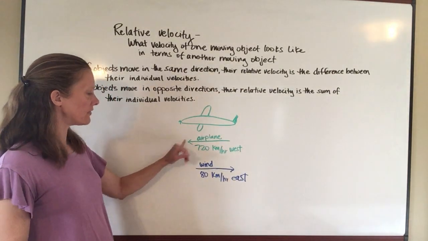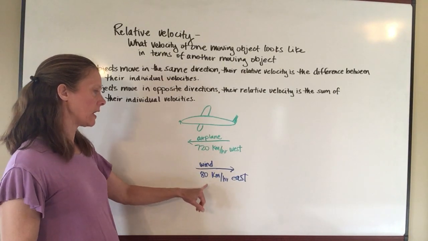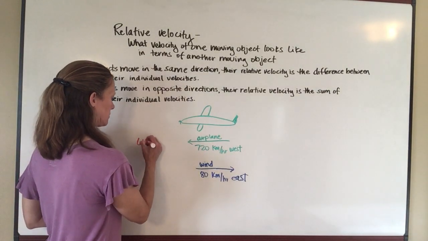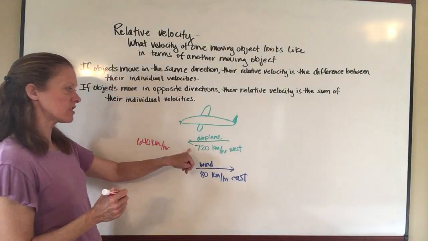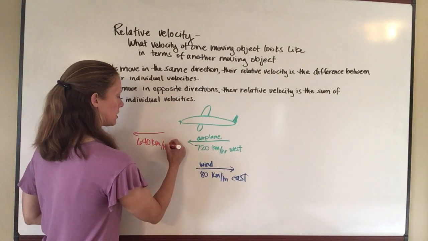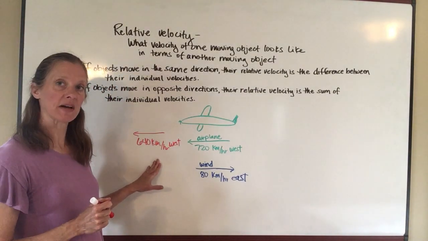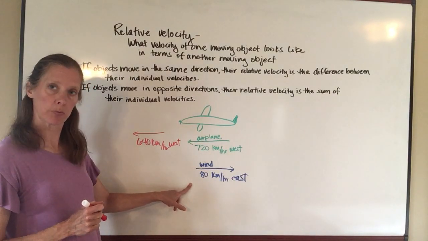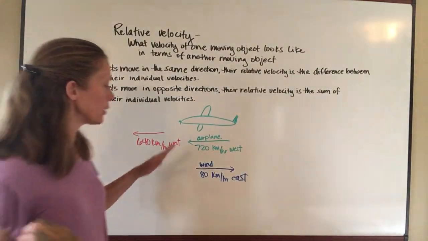And so in that case, since this is going to slow me down, I'm going to have to take 720 minus 80, which is going to give me 640 kilometers per hour. This one's bigger. The airplane is still going to continue going forward, so the direction is still going to be west. But the magnitude of its velocity is not going to be as high because now I had to subtract those two numbers, okay?